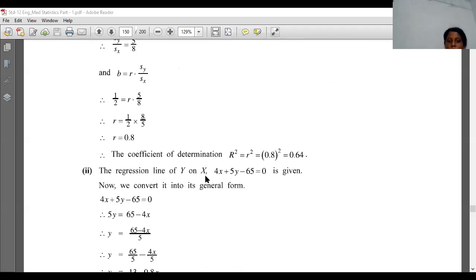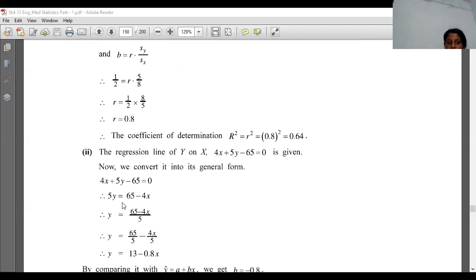Now the second one. See here, regression line y on x is 4x plus 5y minus 65 equal to 0. This is the equation and you have to find it. y cap equal to a plus bx. So we will consider y cap as y. Whatever comes along with x is b.